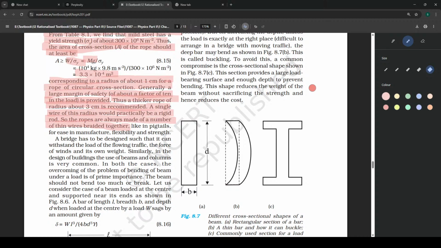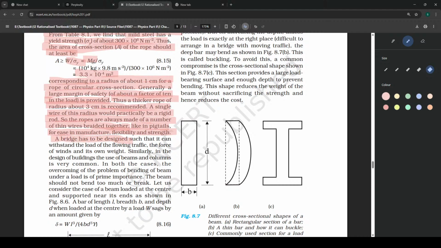We don't need a rod, we need a rope. So a number of small wires are braided together to form the crane's rope, like in pigtails, just a hairstyle. For ease in manufacture, flexibility and strength, that also helps.